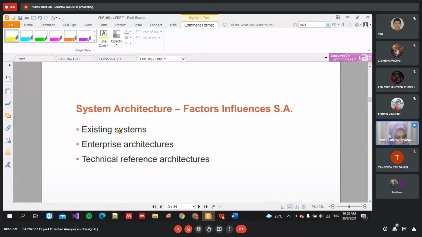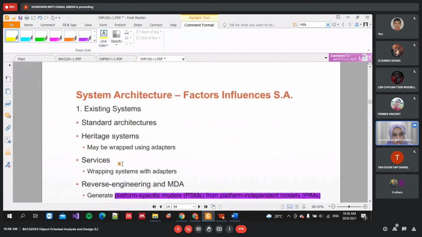And then enterprise architecture and technical reference architecture. Technical reference architecture is actually a diagram of the components in a system, a large view of how our components interact, associate, and relate with each other.